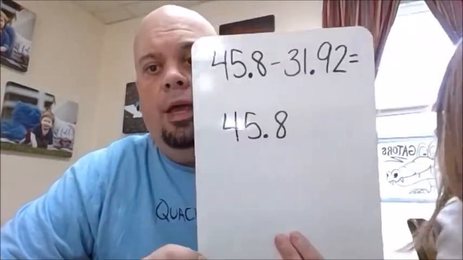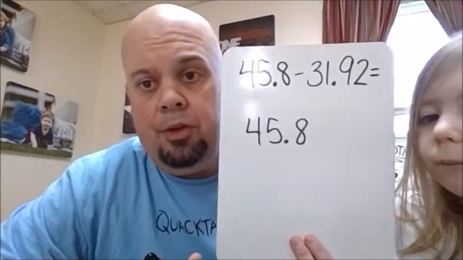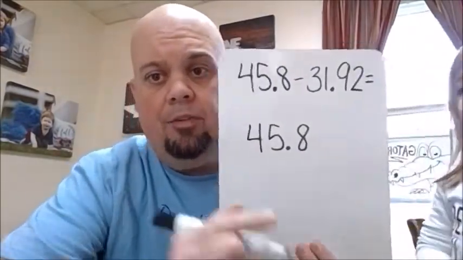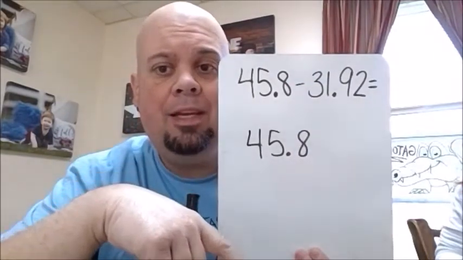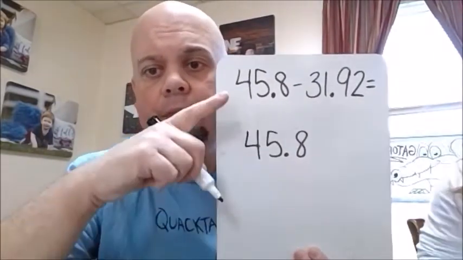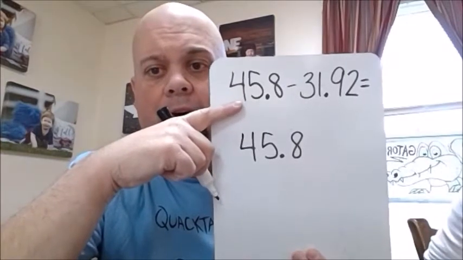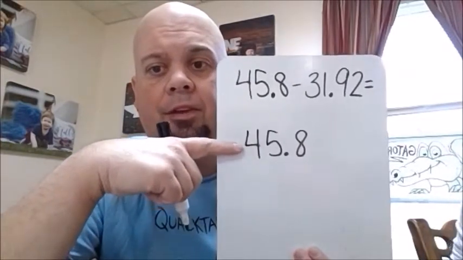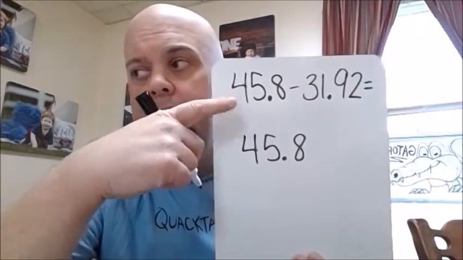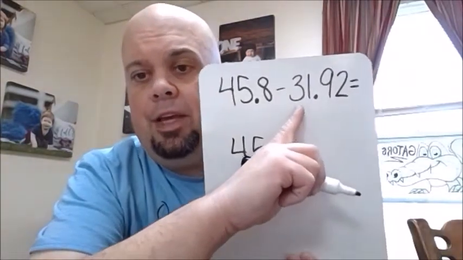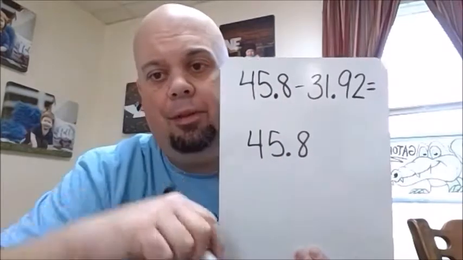Okay, so the next problem on your page today is 45 and 8 tenths minus 31 and 92 hundredths. Again, since the 45 and 8 tenths is first, it's going to go on top of the problem because this is what you're starting with and this is what you're taking away. You cannot flip-flop those two numbers.